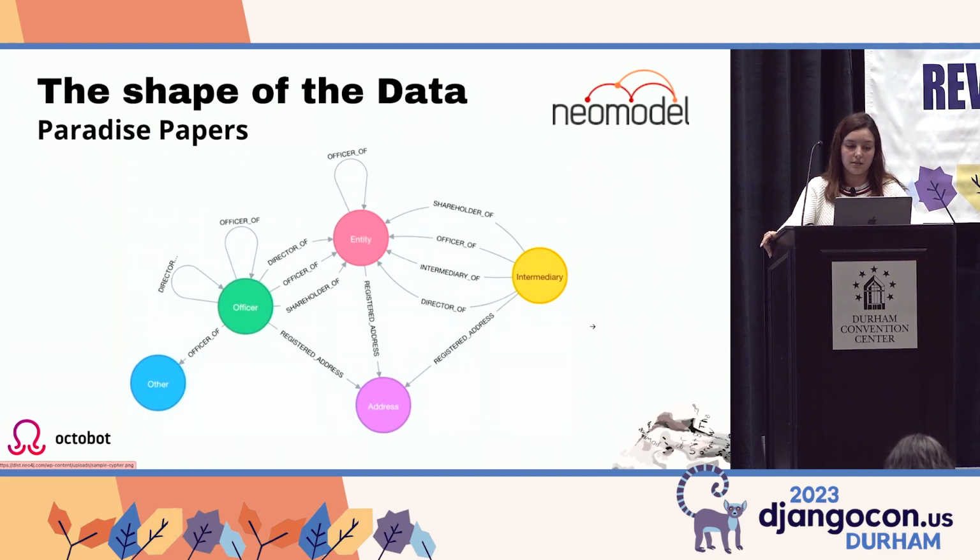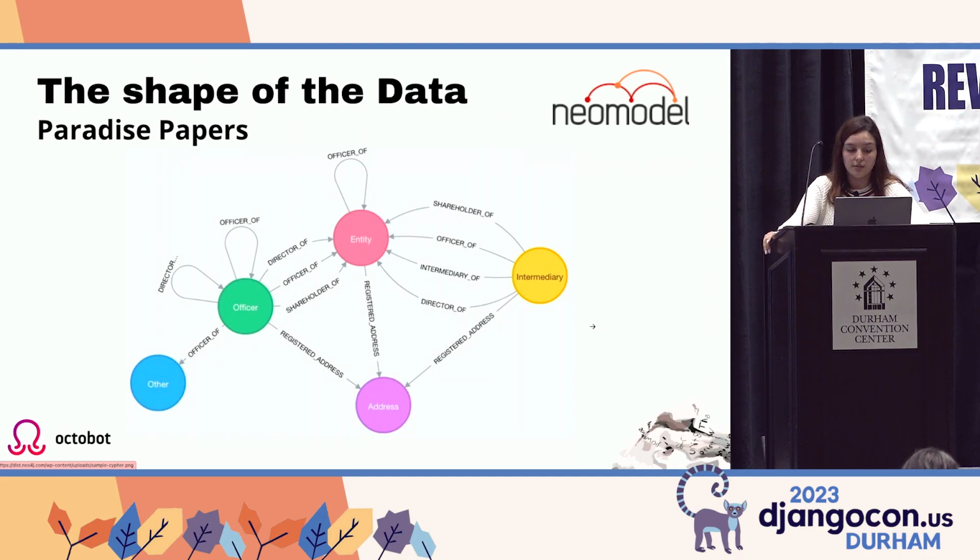So here is the shape of the data of the Panama Papers. First we have the entity, which is the offshore legal entity. This could be a company or a trust that was created in a low-tax jurisdiction. Then we have an officer, that's a person or a company who plays a role in an offshore entity, such as a beneficiary or a shareholder.